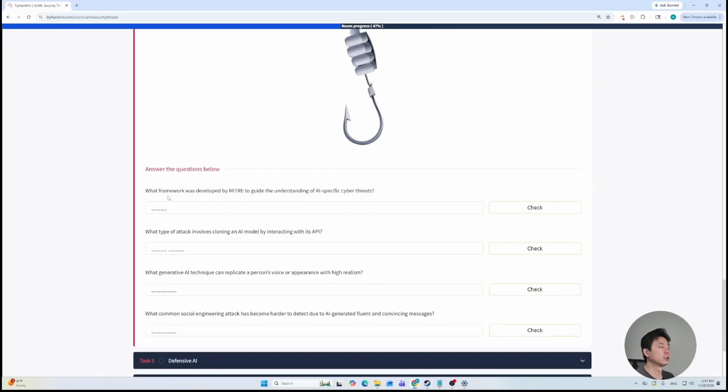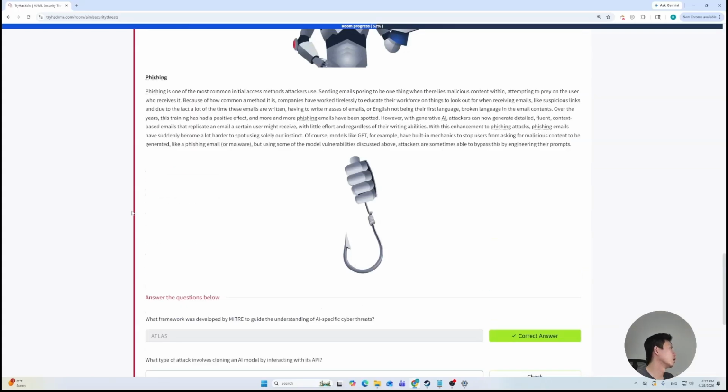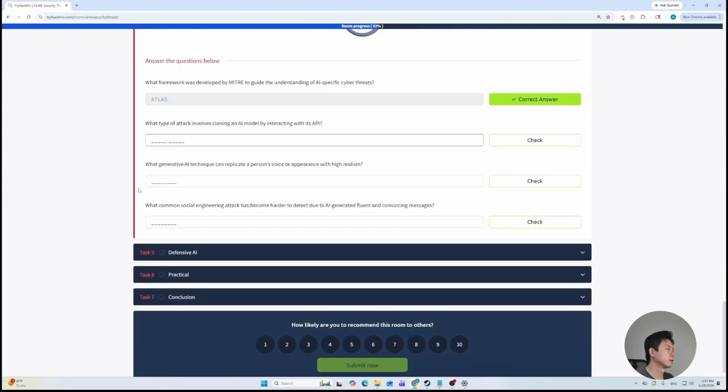So let's answer the question: what framework has been developed by MITRE to guide the understanding of AI-specific cyber threats? ATLAS. What type of attack involves cloning an AI model by interacting with its API? That's going to be model theft.